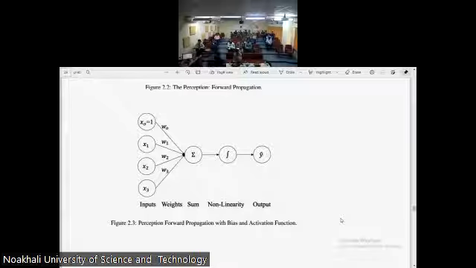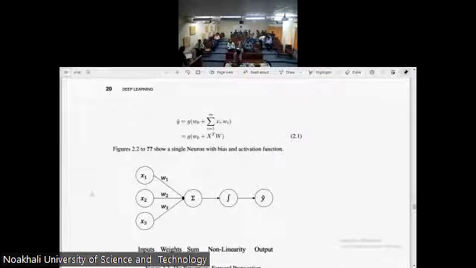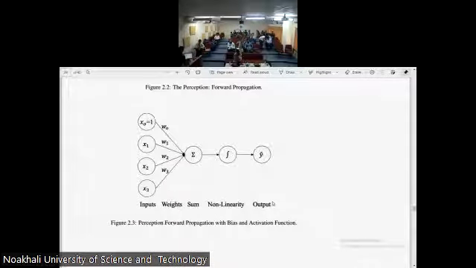Here you see in our inputs, we actually do not have x0, but we add x0, an additional input, in this figure. So x1 to x3 are the inputs, but additionally we add one input which is called bias, that is x0.